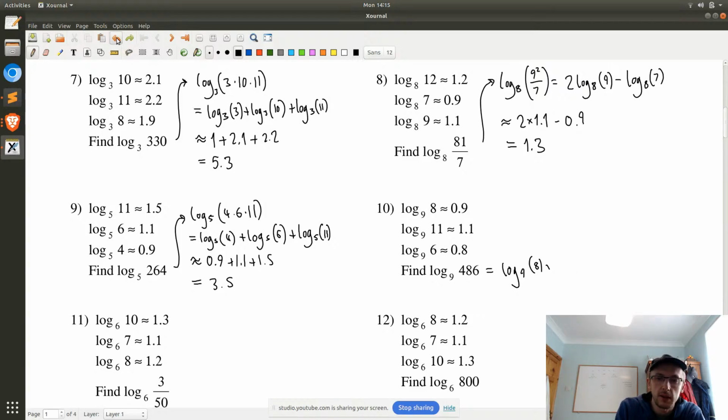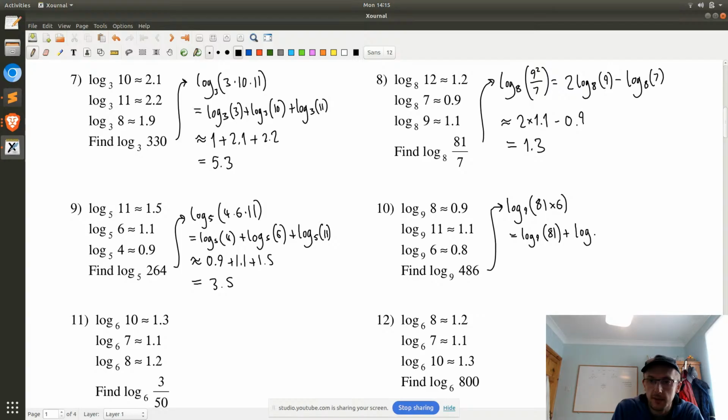No, I don't know why I did it down there. It's correct then. Okay, so log base 9 of 81 times 6, which is log base 9 of 81 plus log base 9 of 6, which by the approximate figures, log base 9 of 81 is exactly 2, and log base 9 of 6 is approximately 0.8. And so the final answer is 2.8.